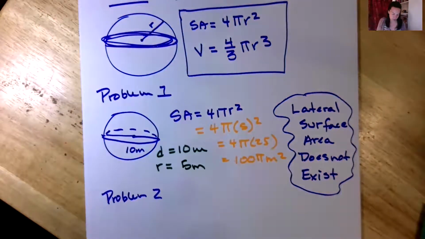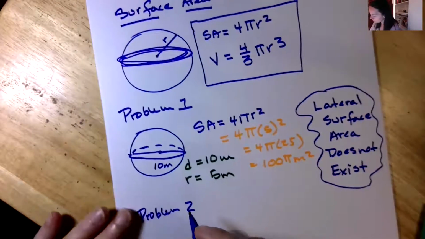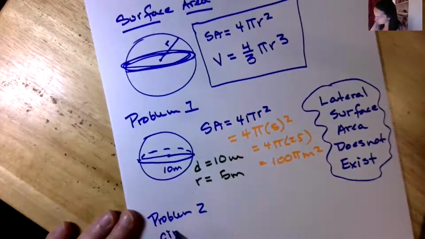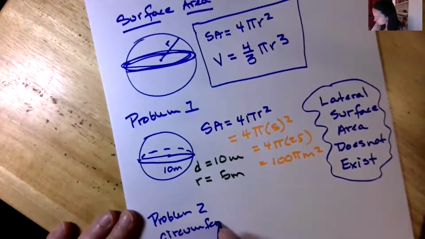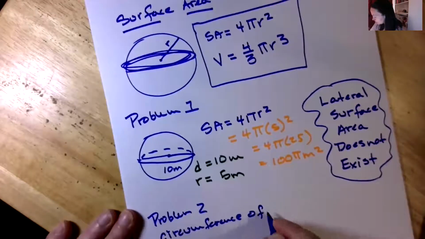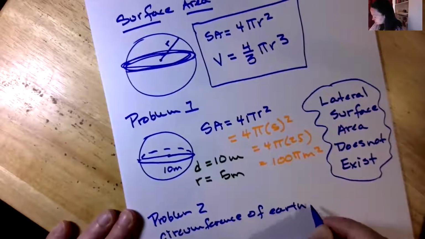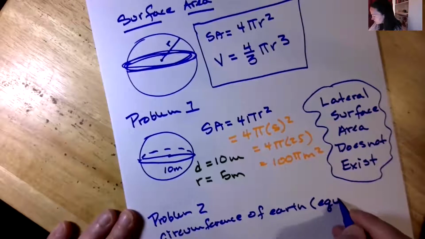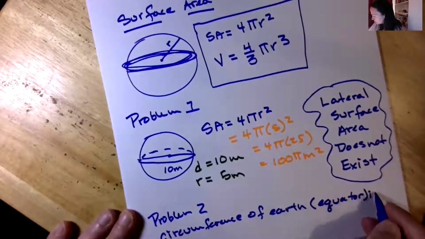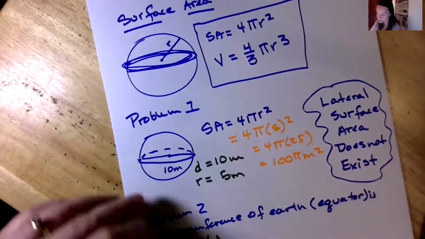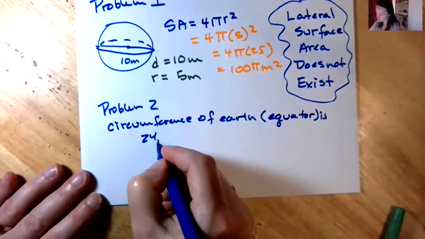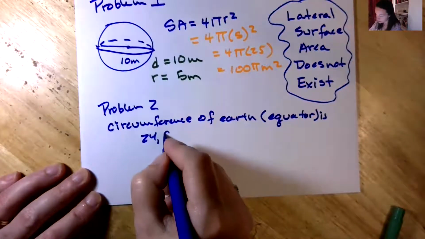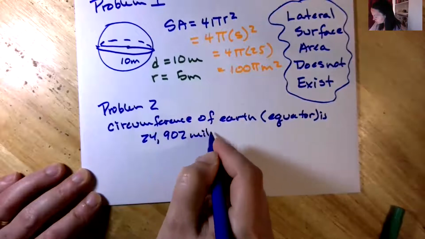Round to the nearest 1,000 square miles. Okay, so the circumference of the Earth, or of the equator, is 24,902 miles.